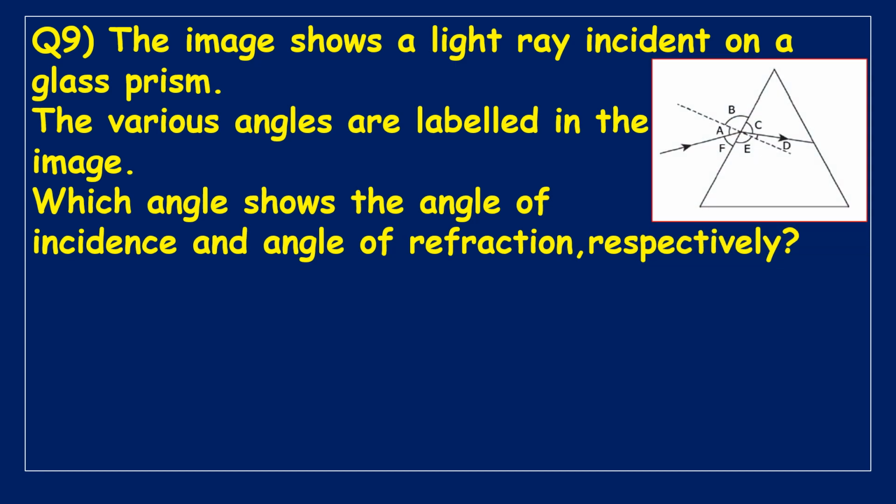See this picture, a triangular prism is given here. An incident ray is given. We can see the arrow mark. You can follow the arrow mark. The incident ray strikes one of the surfaces of the prism, and after that it is refracted. Now here we have to find out what is the angle of incidence and the angle of refraction. Clear?